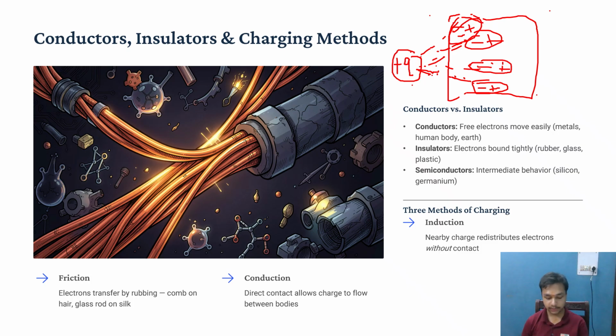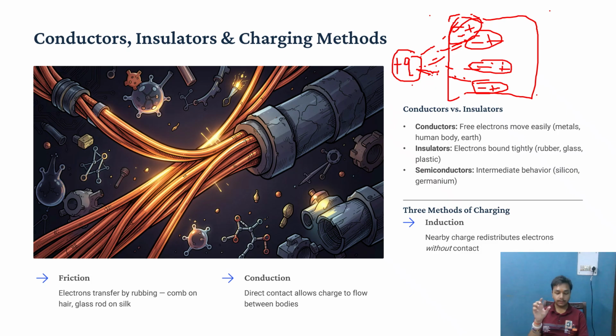Earlier the electron cloud was uniformly spread in a spherical volume, so the negative center of the charge for this electron cloud was at the nucleus. But after distortion of the electron cloud, as shown in this figure, the negative center of the charge is displaced towards the left side, whereas due to the presence of an external charge Q, the atom gets transformed into an electric dipole. So this is a dipole as shown in this figure.